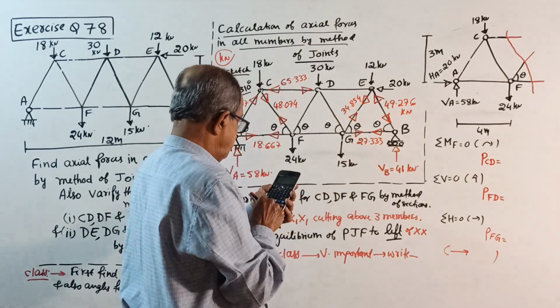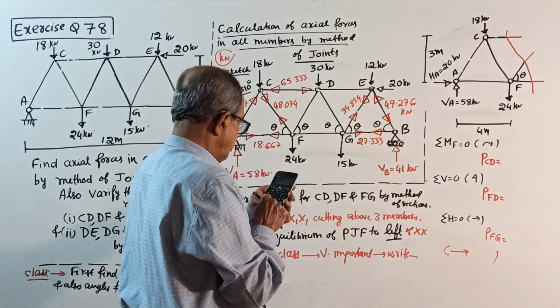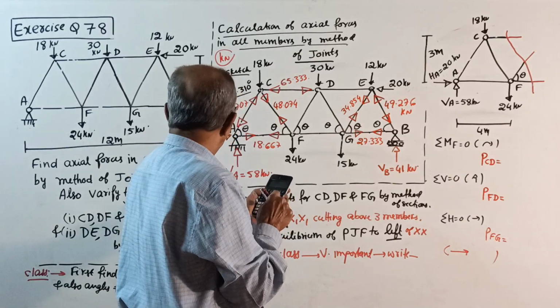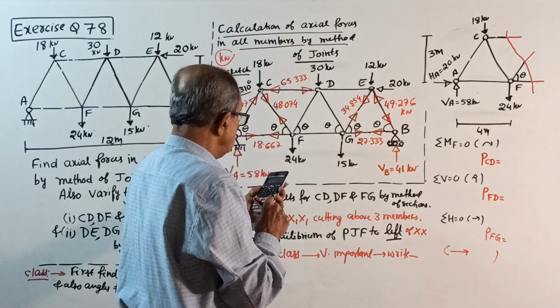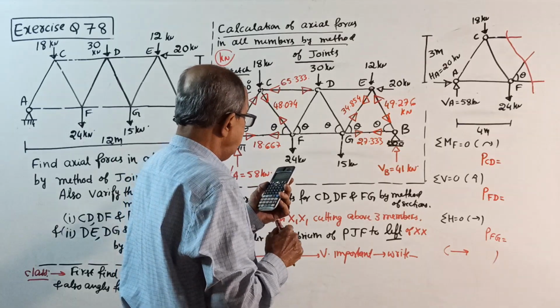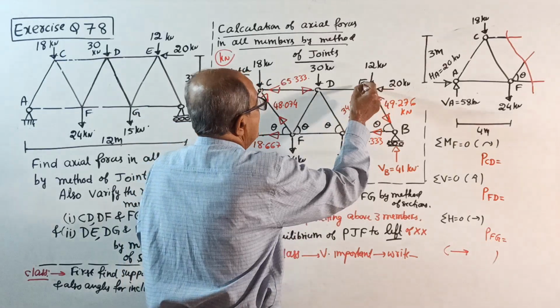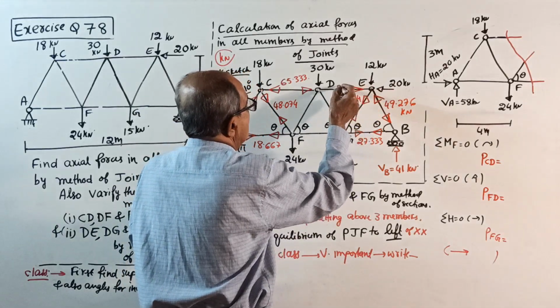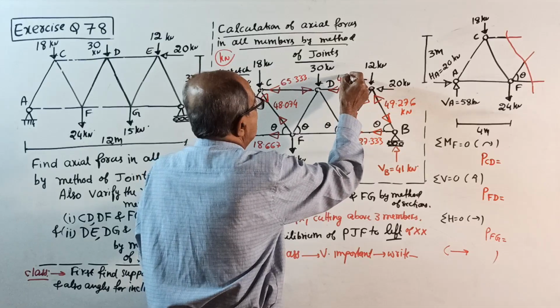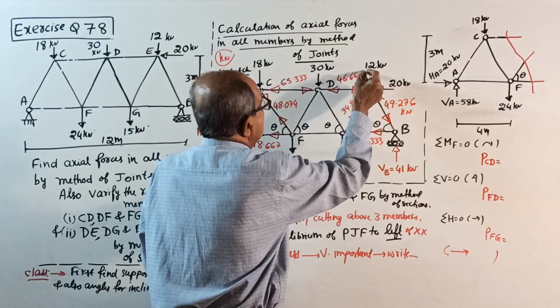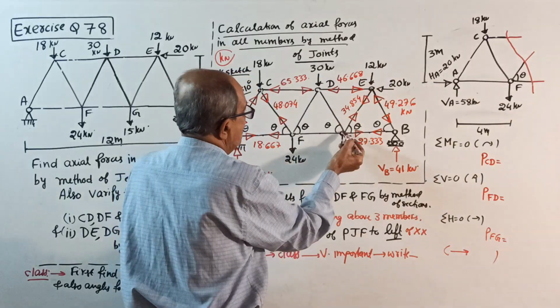By 4 plus 49.276 into cos 56.31, 46.668. Now next, this joint.